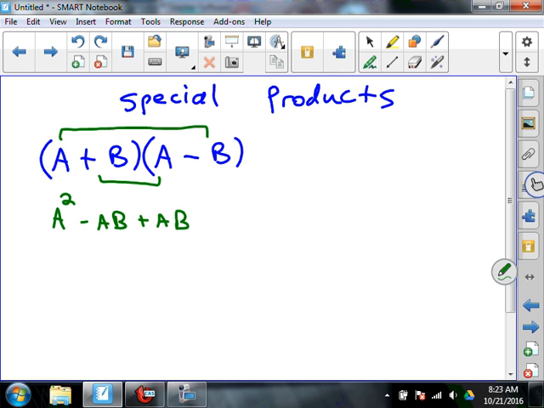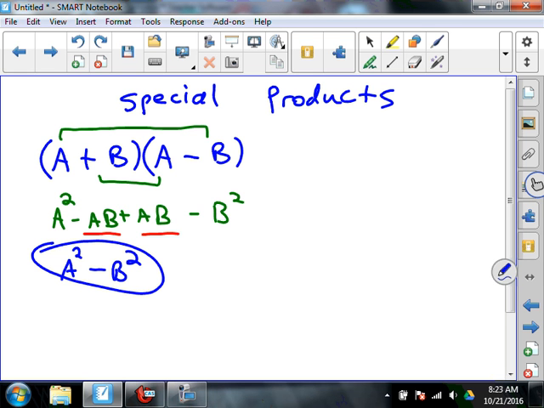And then the last product, minus B squared. So wait a minute. Pardon me for asking this question, but what would happen with those? Oh, so those middle terms really aren't even there. So this ends up being just A squared minus B squared.